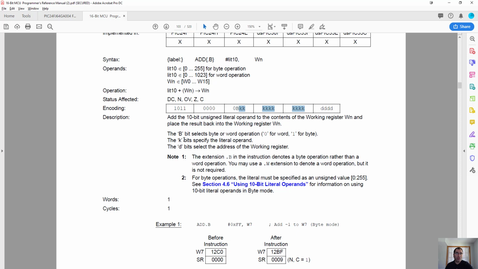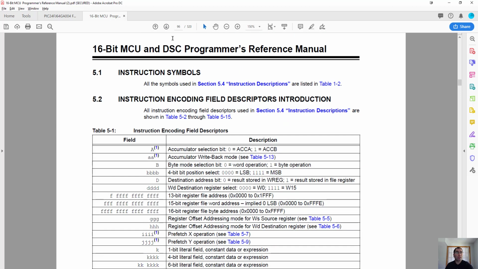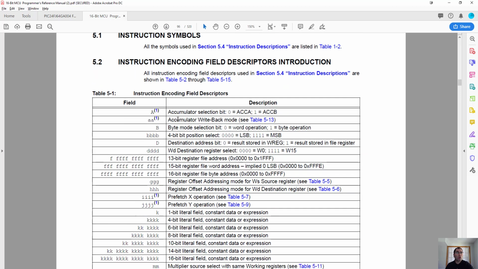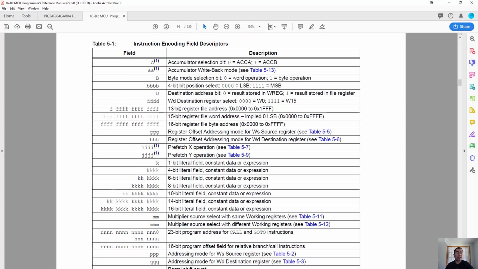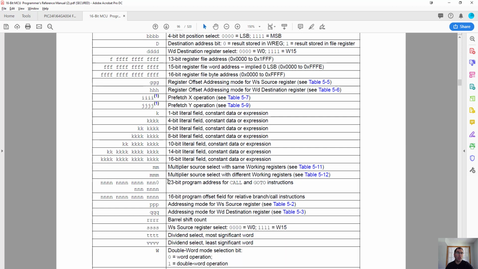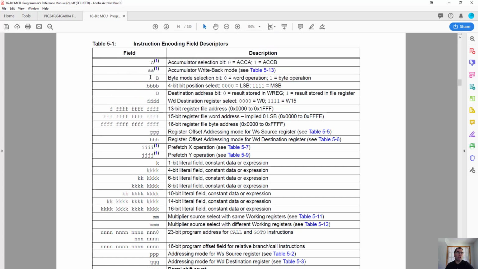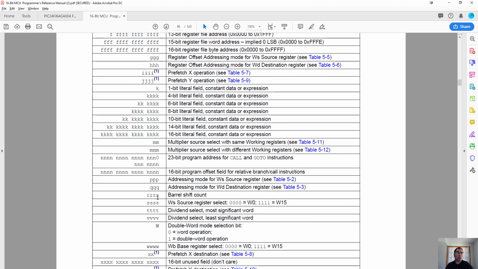Okay, so you can find more information about this if you go to page 96. A little bit of a distraction here, but let's go to 96. If you want to know more about what each of those means, when you look at other instructions, you will see some other stuff. So this is your go-to table to figure out what means what.